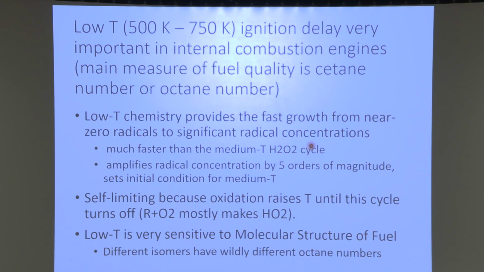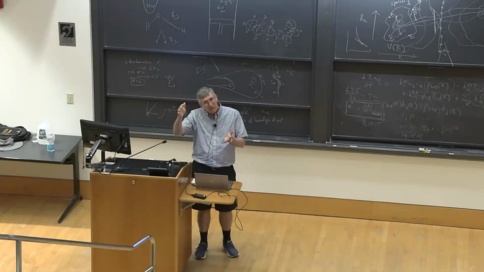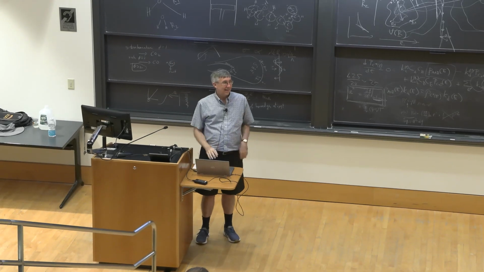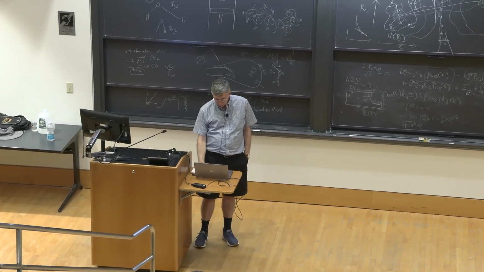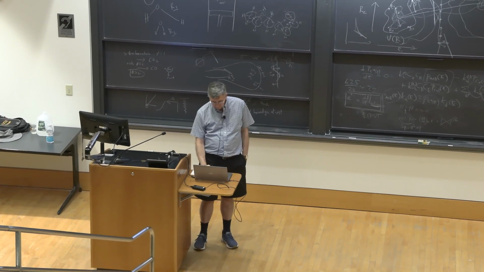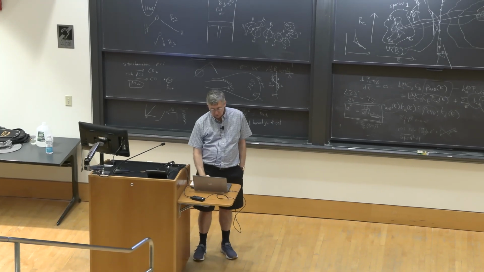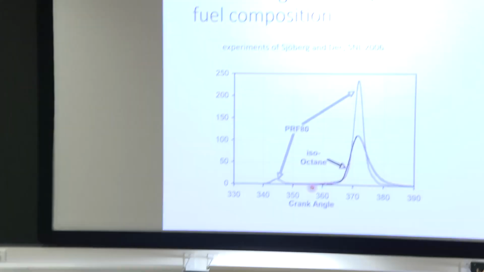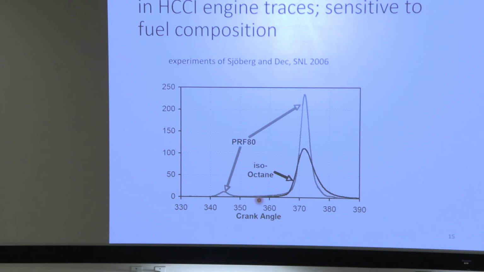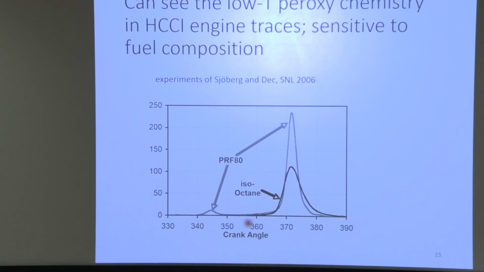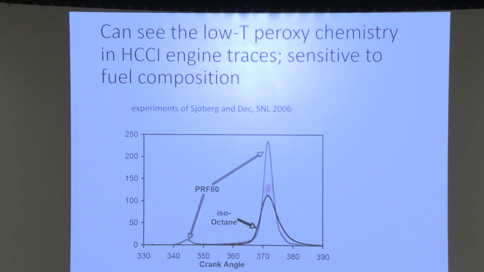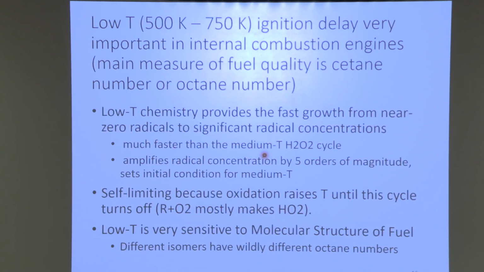So you get a fast thing, then a slow thing, and then a really fast thing at the end. In this region, the chemistry turned off because it got too hot. So the R plus O2 reaction got equilibrated and it couldn't run anymore. And then later, a whole new channel opens up when the H2O2 decomposes.